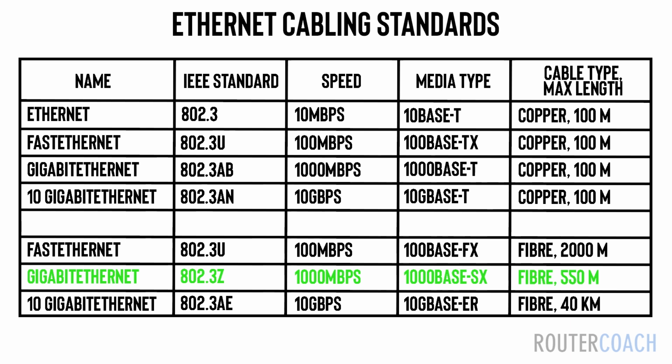It uses multimode optical fibers for transmitting and receiving data and supports cable lengths of up to 550 meters. 10GBASE-ER is a fiber optic Ethernet standard that provides a maximum data transfer rate of 10 gigabits per second, Gbps. It uses single-mode optical fibers for transmitting and receiving data and supports cable lengths of up to 40 kilometers.